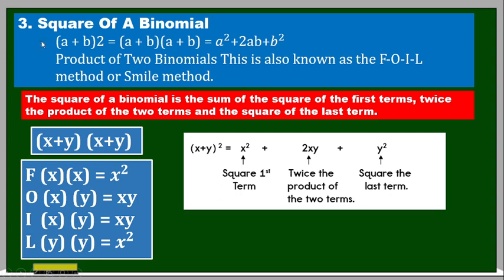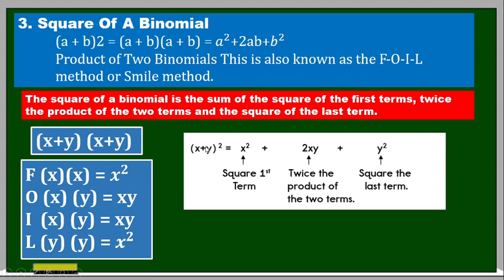How do we do it? It says here, you are going to square the first term. Our first term is x. Square the first term, so x times x, we have x squared. Number 2, twice the product of the two terms. Twice means 2 times the product of the two terms. The two terms are x and y.